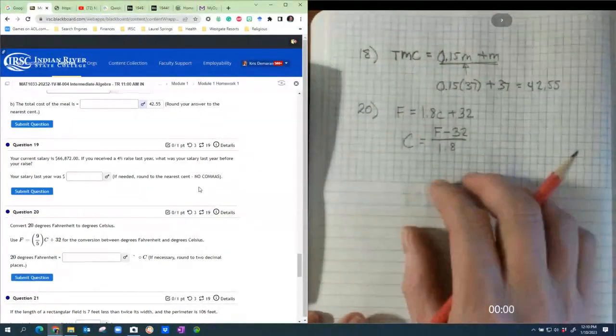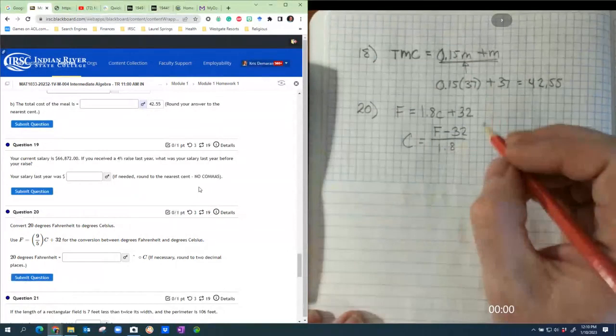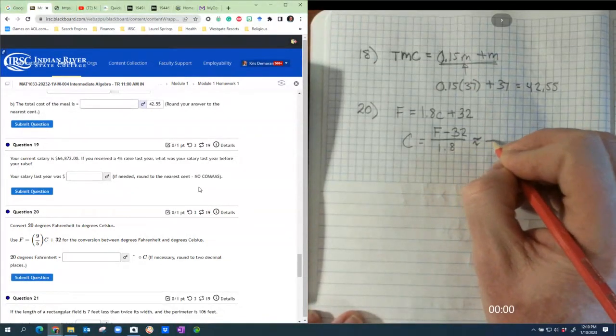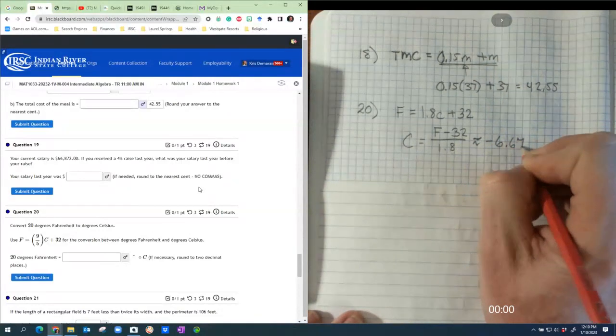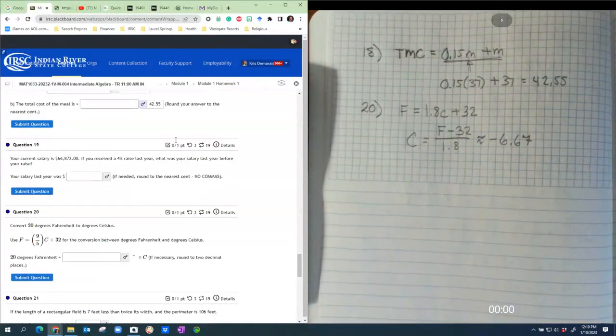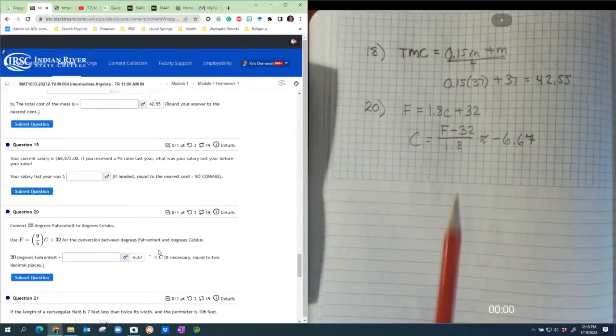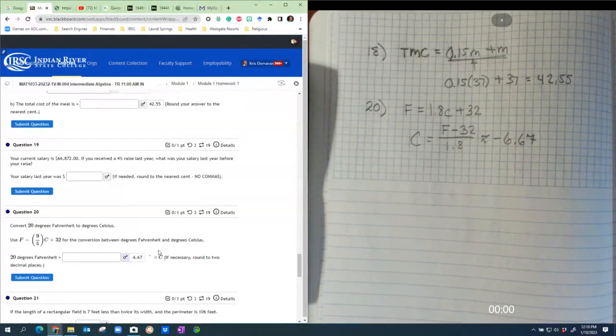And it says to round to 2 decimal places. So that's approximately equal to negative 6.67 degrees Celsius. And so there is the answer that we're looking for.